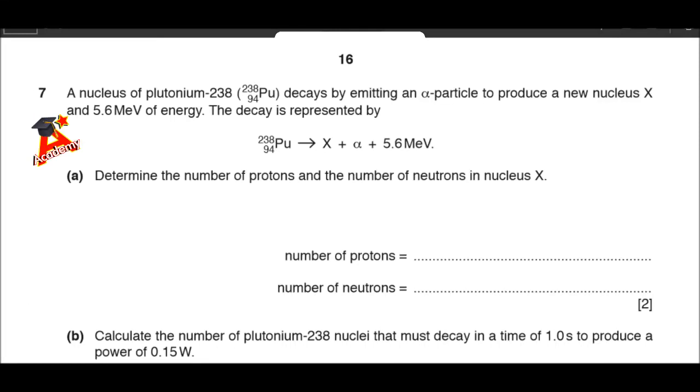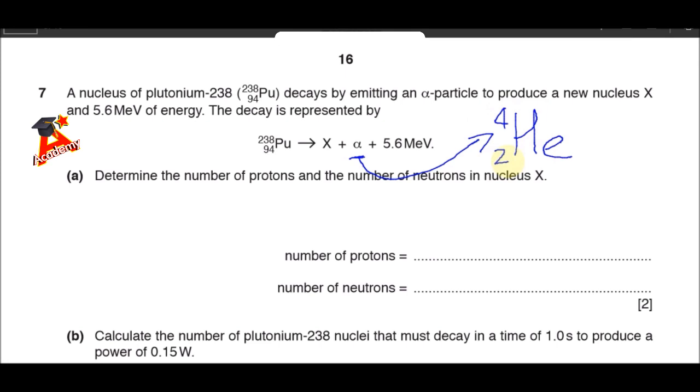Now we are on to number 7. Determine the number of protons and the number of neutrons in the nucleus X. Right, so our alpha particle is a helium nucleus, so it can be written like that. In other words, from 238 we have removed 4.